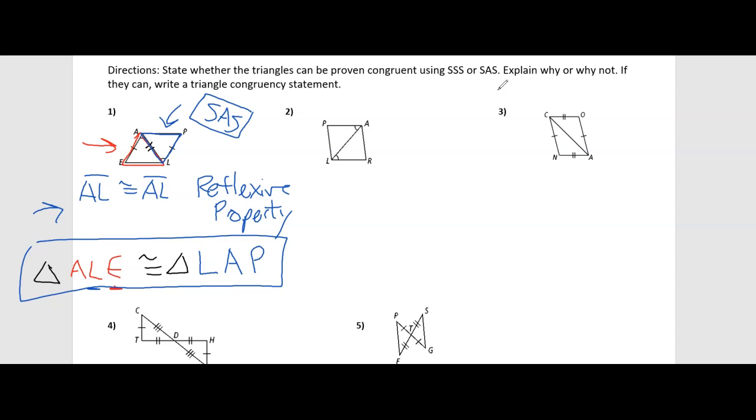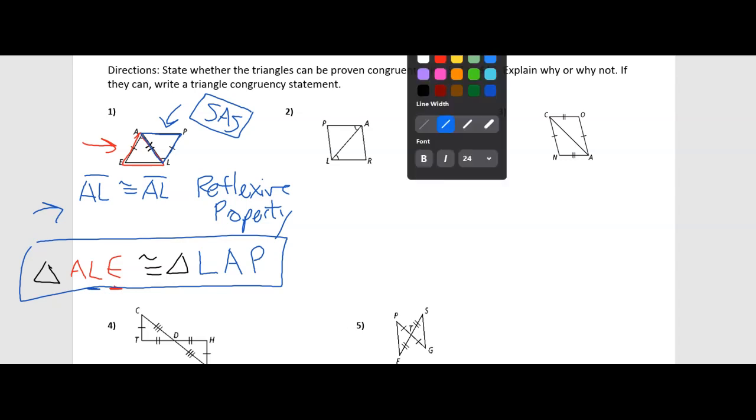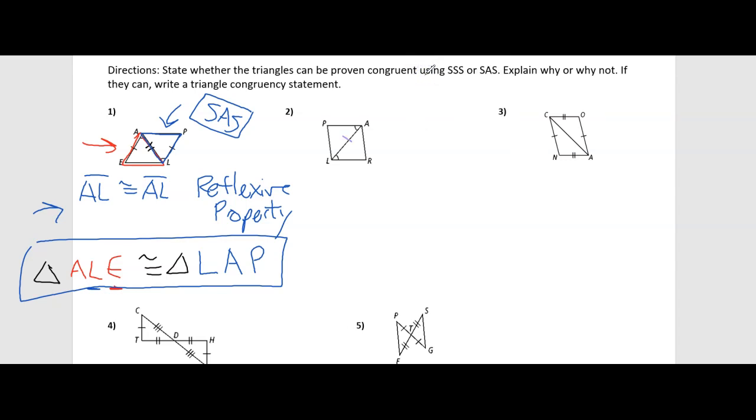We're only given one set of angles here. So we'd have to come up with 2 sets of sides or 3 sets of sides if we're going to use one of these shortcuts. Well, I think we see the obvious set of sides, right in the center with the reflexive property. But is there a way to prove another set of sides congruent? In this case, there's not. There's no other reflexive property.